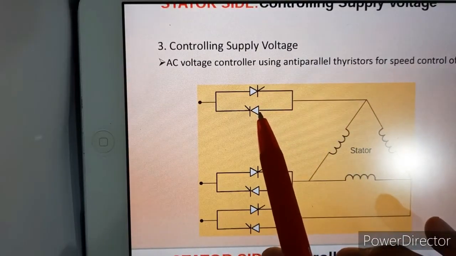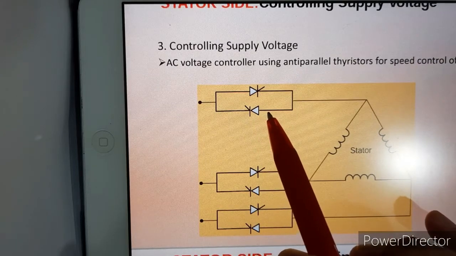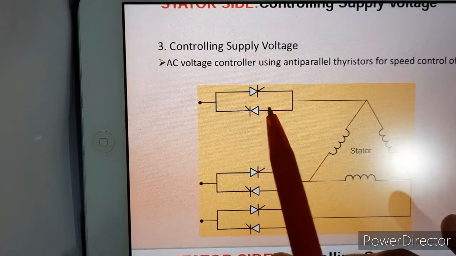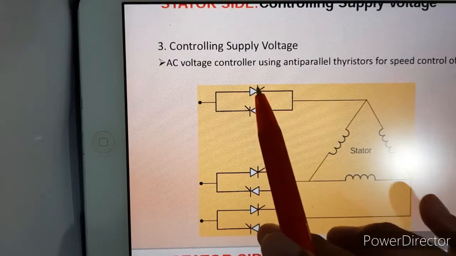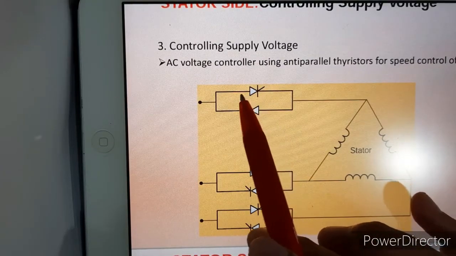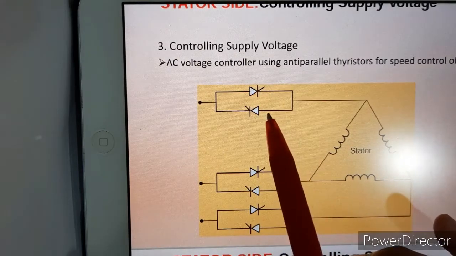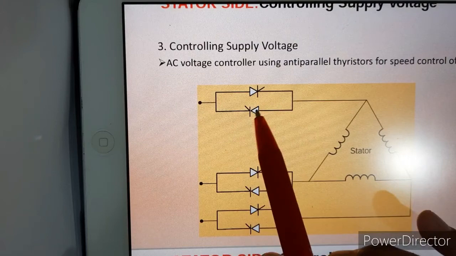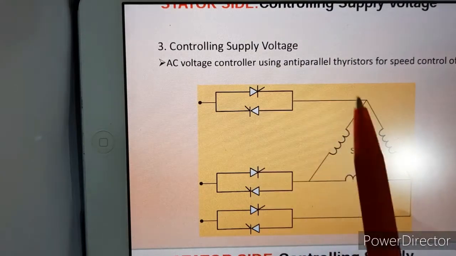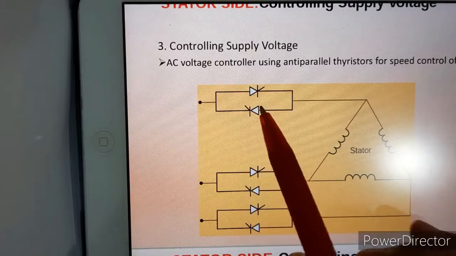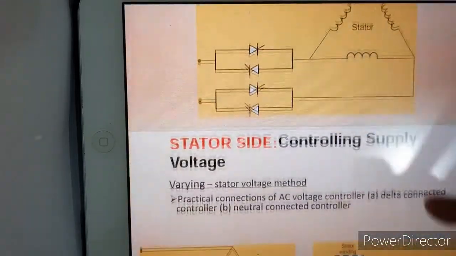Because we connect the thyristors in different ways. One thyristor is connected this way, and another is connected this way. So it is called anti-parallel: the connection is parallel, but the direction is different.